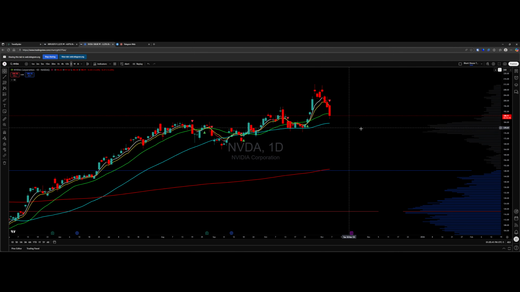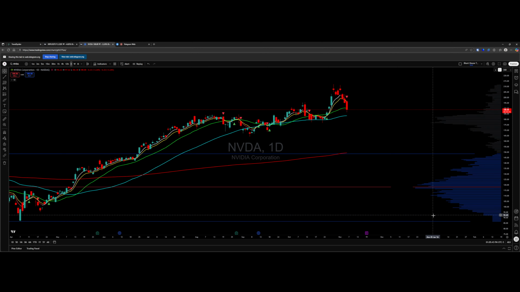So when we come back and test it, you're holding your breath a little bit, saying, is it going to hold the 50 here and then bounce and try and take out those highs, or does it need a little bit more of a reset and then this time break the 50, fall off this weak volume shelf here to the right into this gappy area that you see here, back to the 200 and the upper value range?